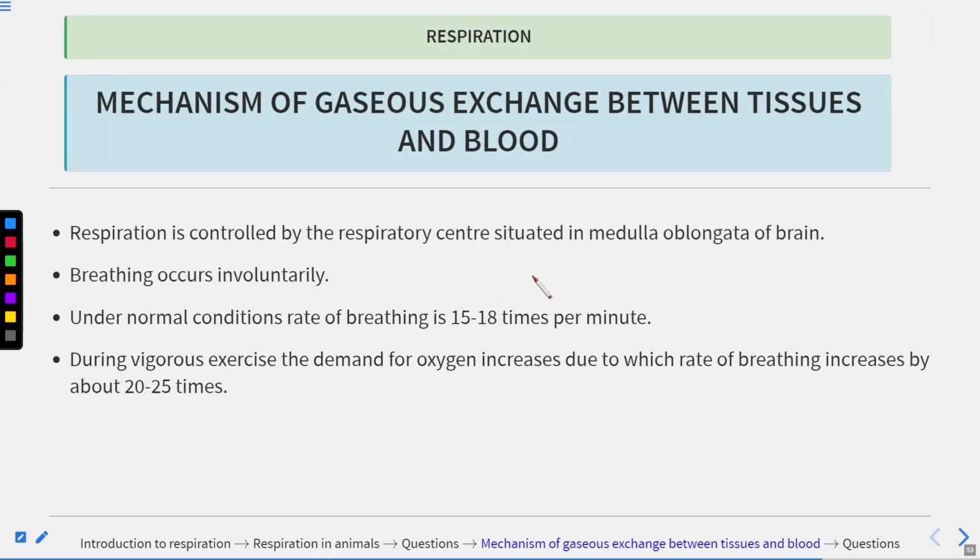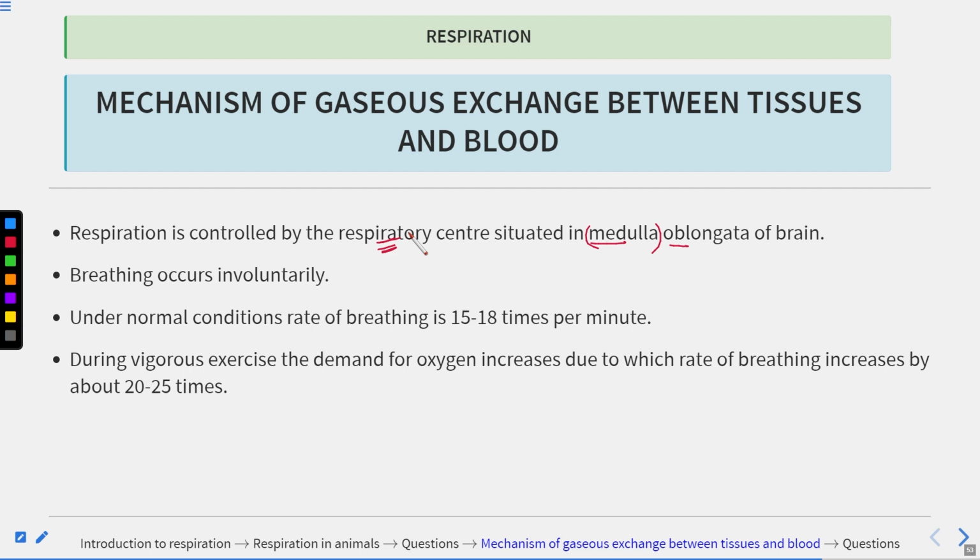Now, respiration is controlled by the respiratory center situated in the medulla oblongata of the brain. So what happens whenever there is a change in the carbon dioxide level in the blood, or a change in the pH?